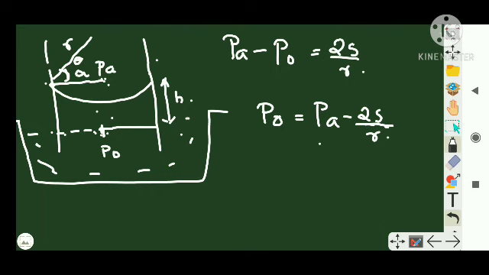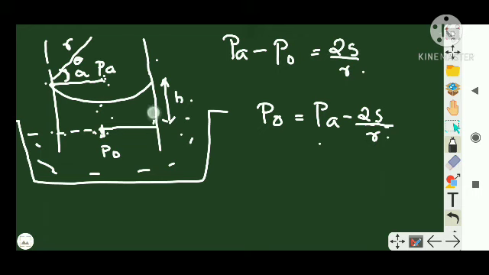That's what it wants: the pressure difference has to be nullified to reach equilibrium. So till when will the capillary rise? Till the point when the pressure difference between PA and P naught equals 0. At that time the rising stops.